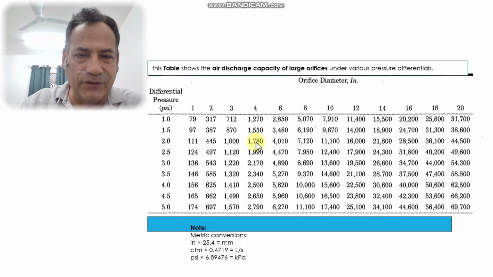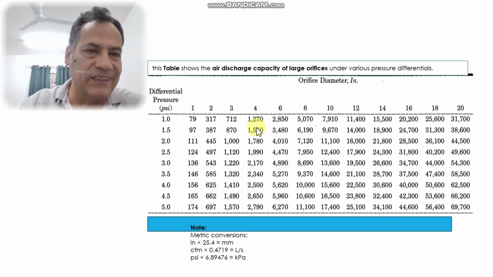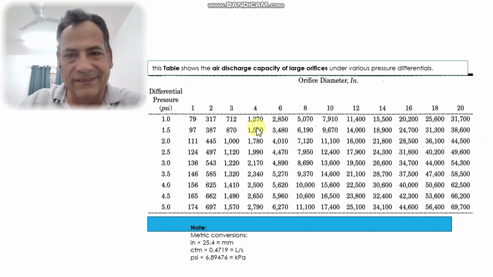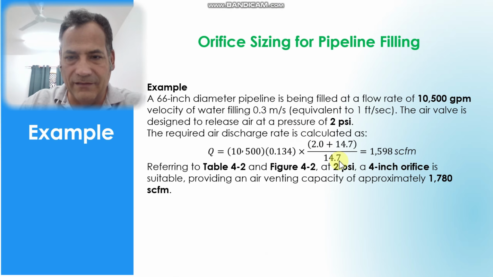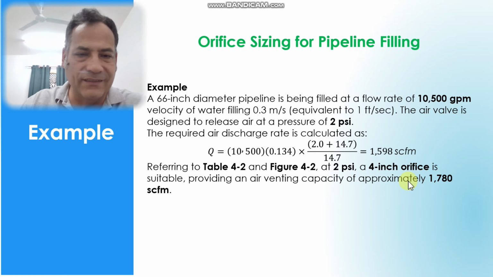Whenever you reach this point, you go vertically and reach this point, 4. It means the orifice diameter will be 4. Very simple. Okay, here it is also mentioned that at 2 psi a 4-inch orifice is suitable.